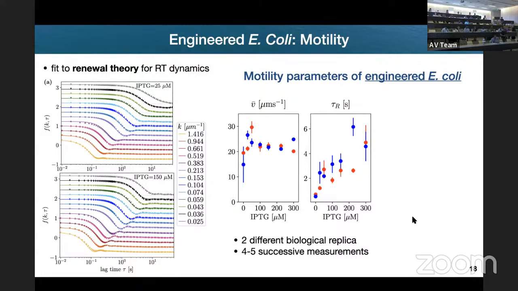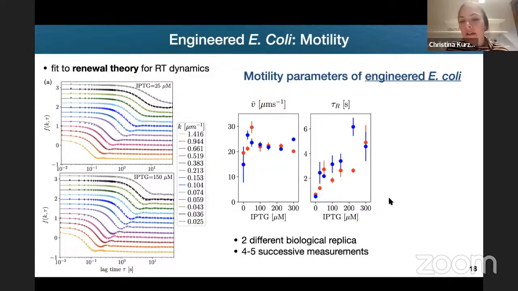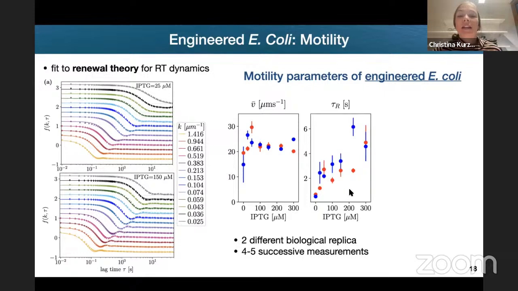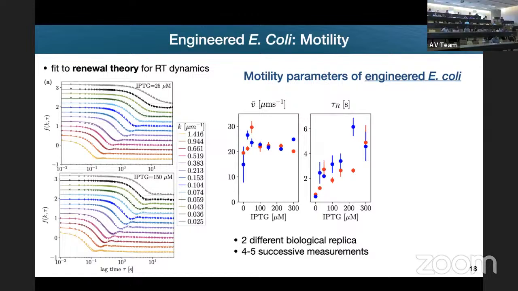Hi, Christina. So IPTG is essentially a crowding agent, right? I don't know. What do you mean by crowding agent? Sorry. So basically, does that increase the passive particles that hinder the motion of the bacteria? I don't think that it affects the motion of the bacteria. It's dilute enough. And also, I should say, they grow in this environment, and then the cells are taken out and put in an environment where they can swim, and then we measure that. I think IPTG is like an energy source, like a sugar, right?